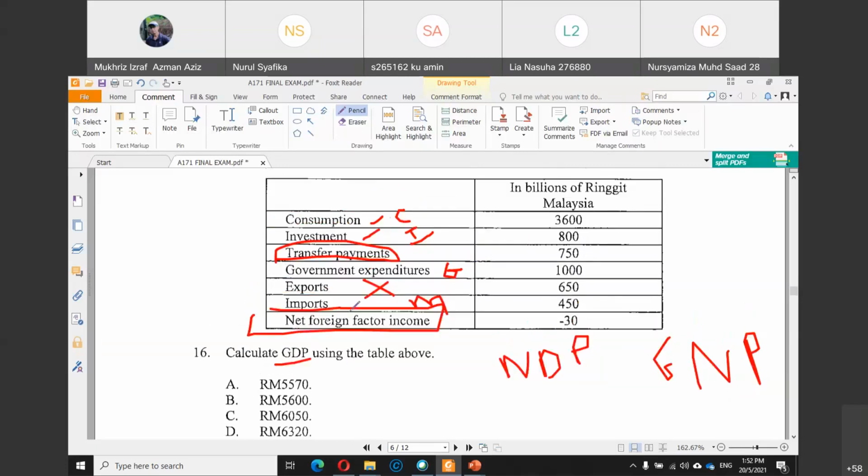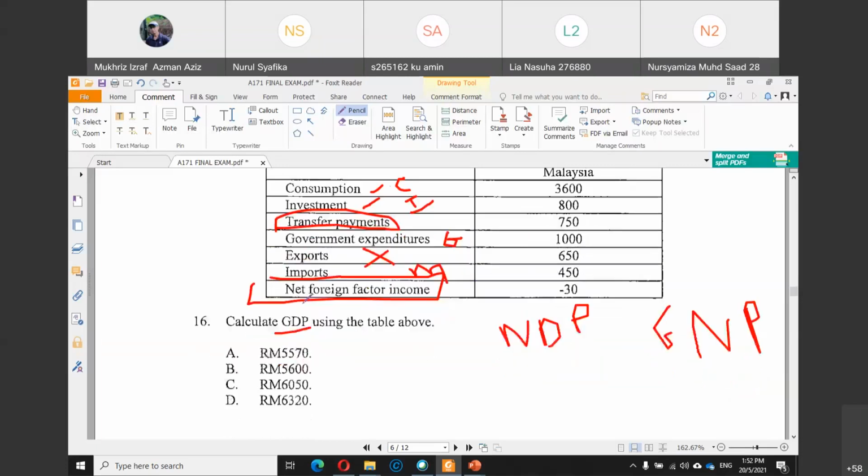Since these two items should be excluded, what should be the answer for number 16? C plus I plus G plus X minus M. So the answer should be B. Transfer payment, check your notes where this belongs. Net foreign factor income, also check your notes or slides or books. Where should this belong?